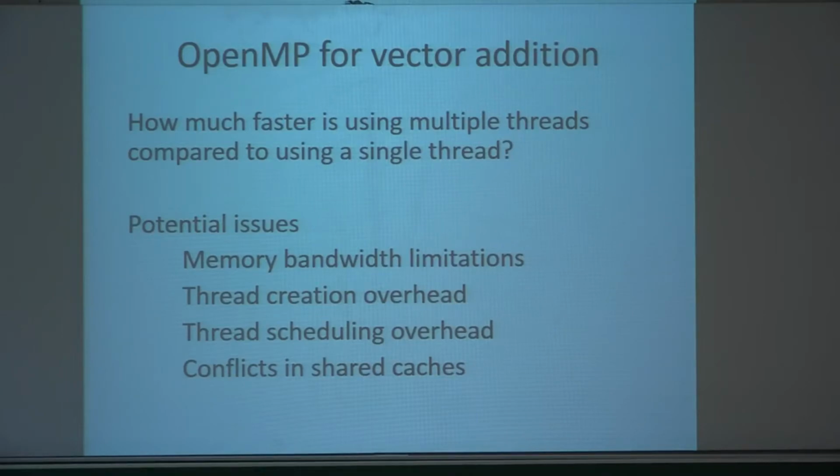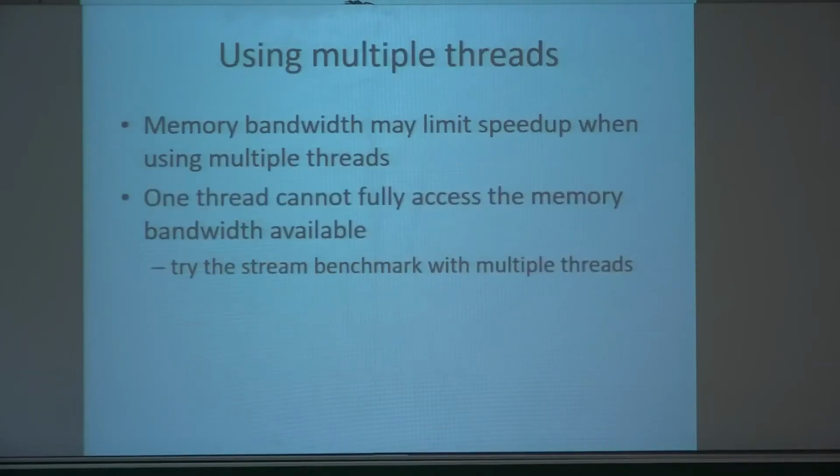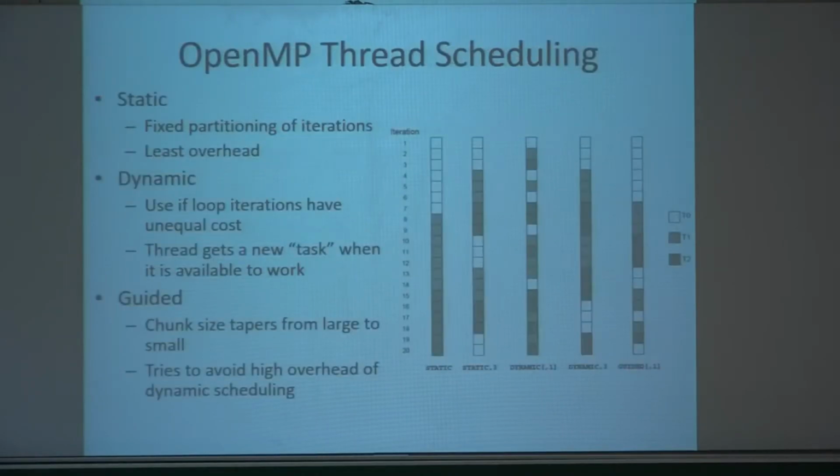That's the important concept. The reason for that is these overheads, and there could be other issues such as conflicts in shared caches. You may be limited by memory bandwidth as you use more cores on your machine, right? So there are many reasons why you might not get a perfect speedup when you use, let's say, 8 threads compared to a single thread. Okay, so I think I said some of that already.